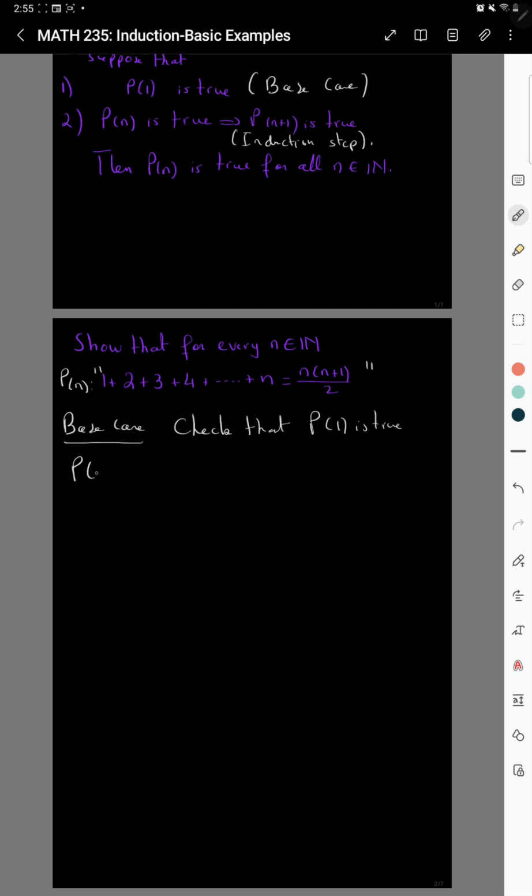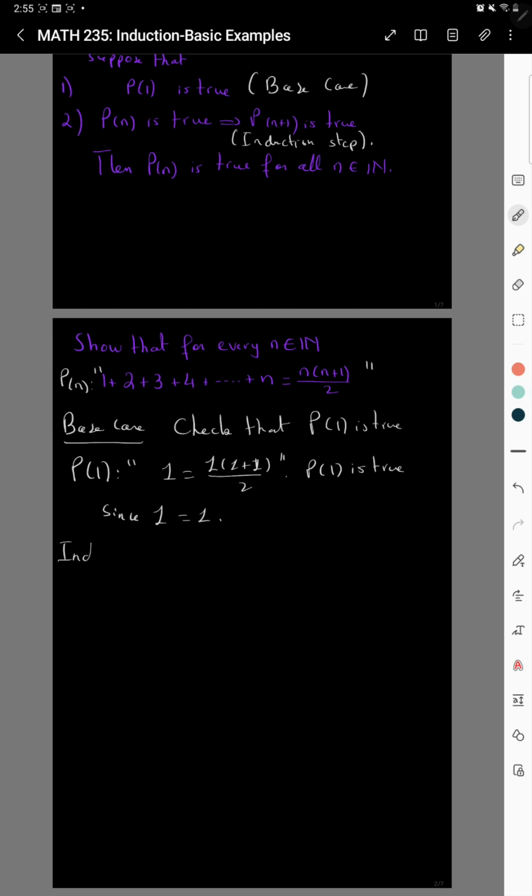What does P(1) say? It says that 1 is equal to 1 times (1 plus 1) over 2. Well, P(1) is true, obviously, since 1 is equal to 1.